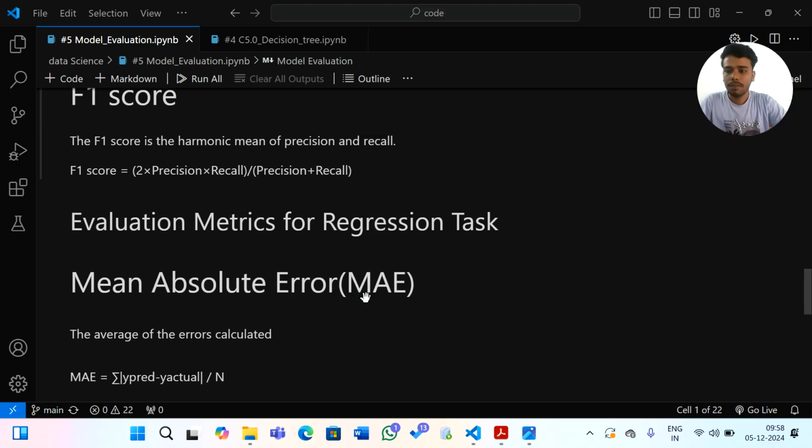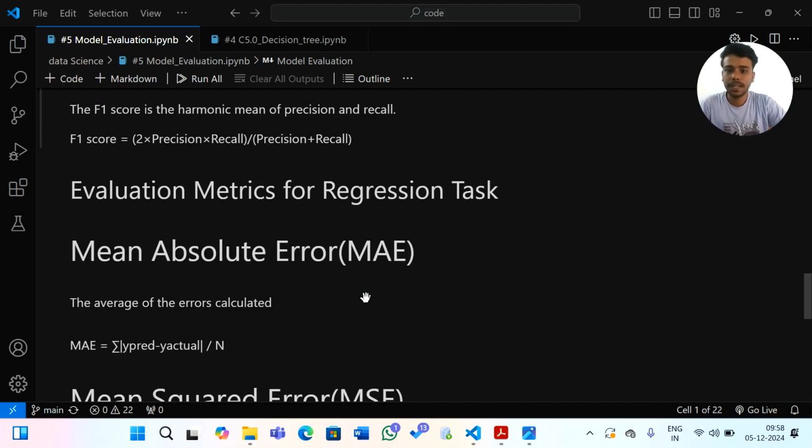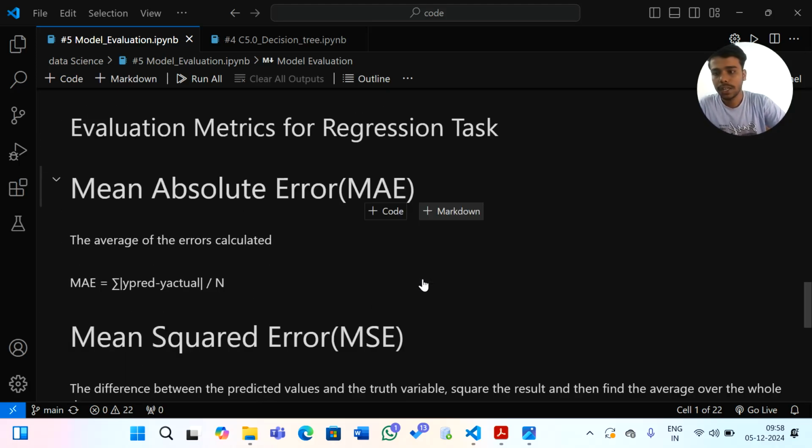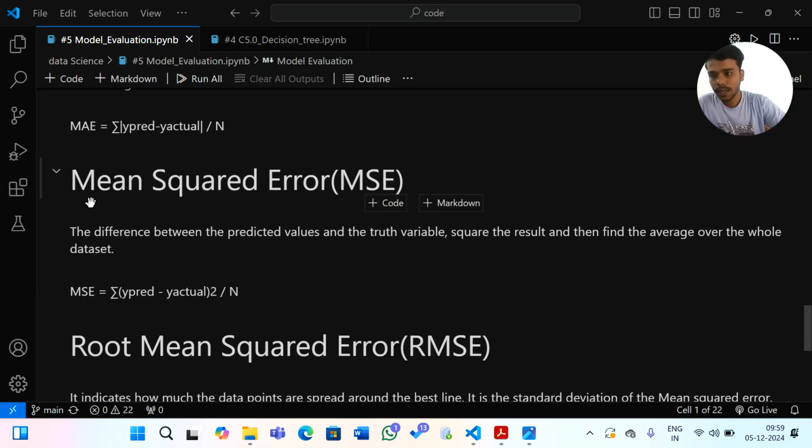Then we also have evaluation metrics for regression tasks. In regression tasks we have mean absolute error. It is the average of the errors calculated: the predicted value minus the actual value, divided by the total number of samples taken. Then comes the mean squared error.